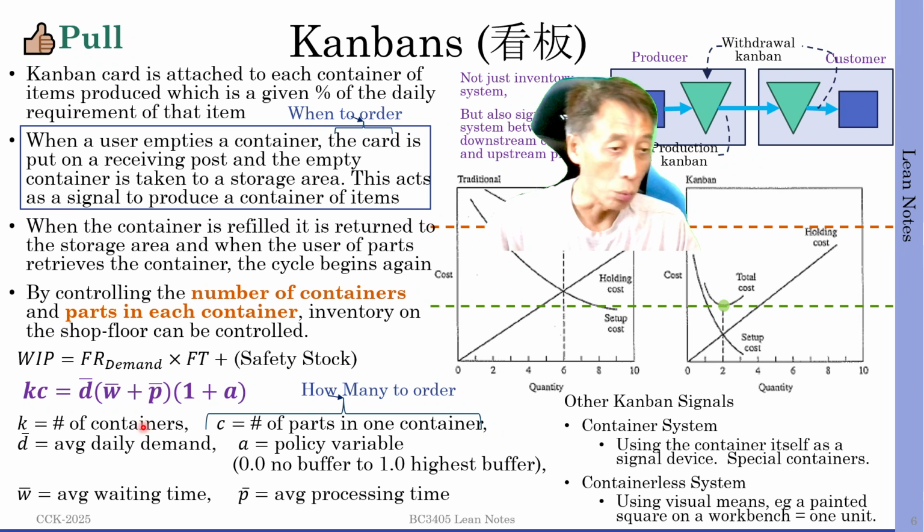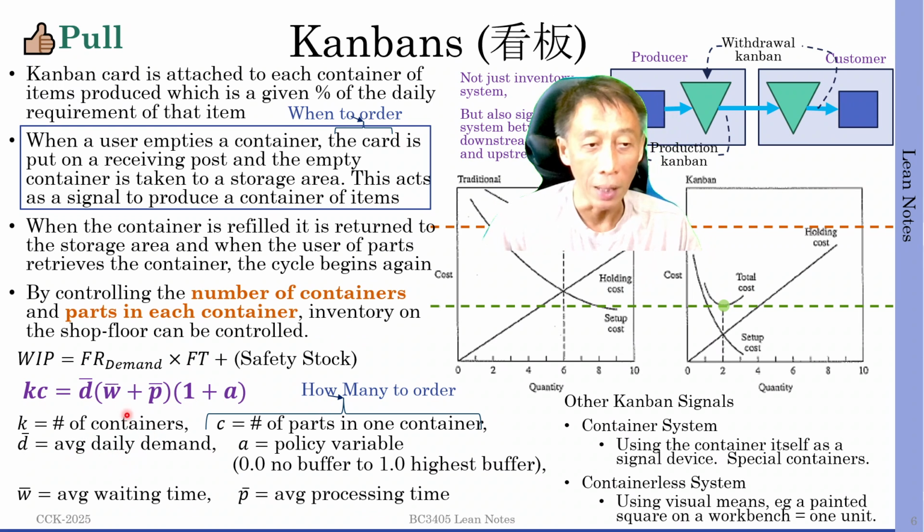So that would be the average daily demand, that means the flow rate, times the flow time through the customer workstation. This 1 plus A is basically reflecting the safety stock.